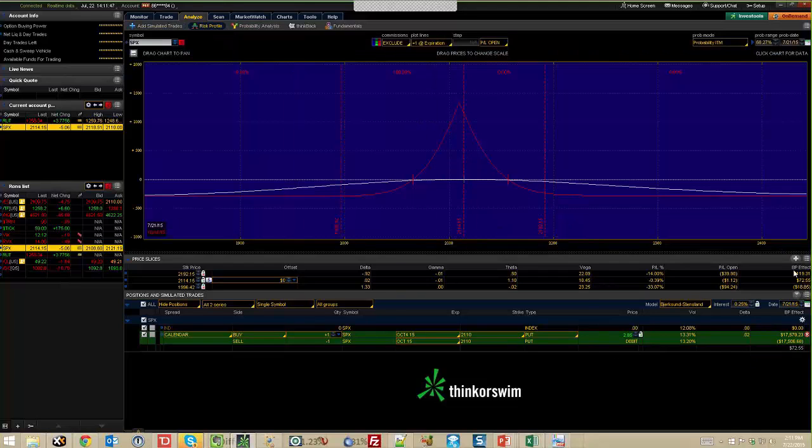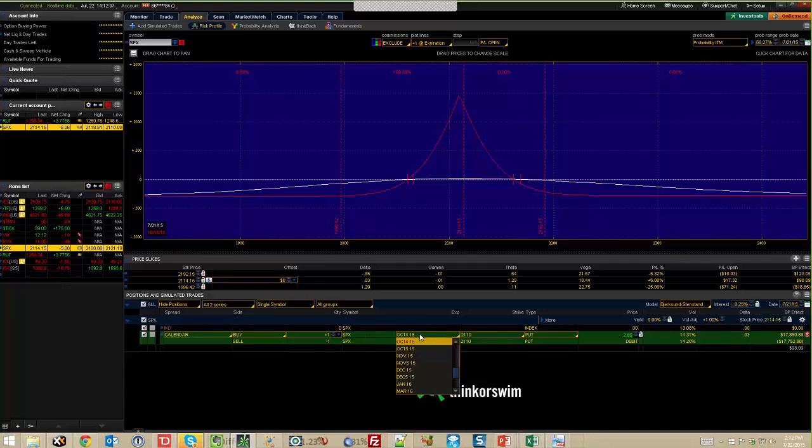If you were to click on this little cogwheel, you get the ability to change your vol, right? And you can say, all right, let's increase my vol by a point. The problem with doing it this way, though, is that it increases the vol uniformly across both options, both my October short and, let's push this out to December.